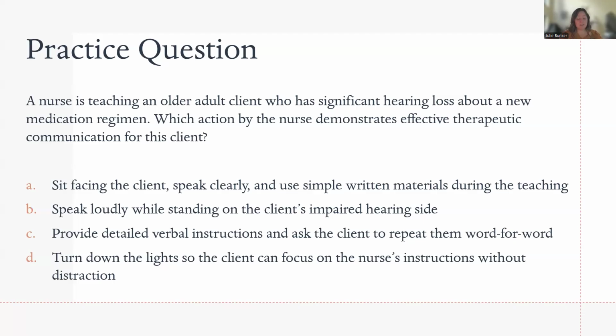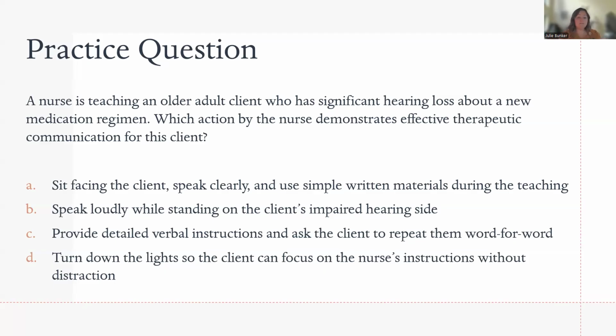I mean, if you're in the middle of nowhere and you don't have any resources to use, you might need to do that one day. But no, step number one is sitting, facing the client, speaking clearly, and giving them written materials. Written material with hearing loss is a given. That is just given. Unless, of course, they have both vision and hearing loss.